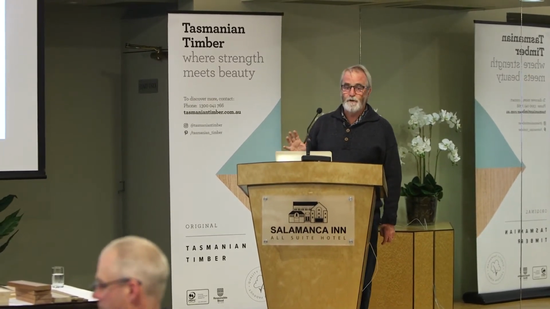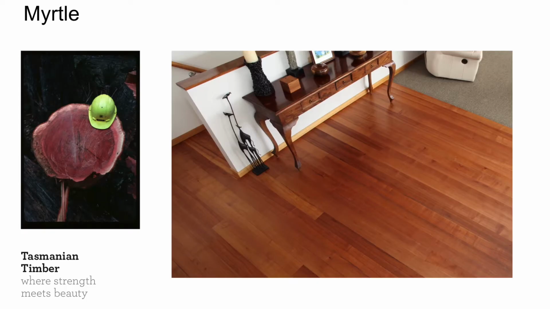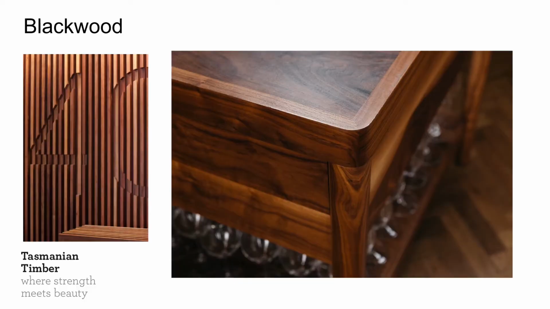Next one for today is myrtle. I'll just get some myrtle. Now, myrtle is an interesting thing because you get the red when the myrtle tree grows in certain locations. In other locations, it is not red, it's pink. And that's problematic for people who are specifying and people who want to sell, because everyone says, oh, myrtle's that colour, it's not pink, it's not pale.